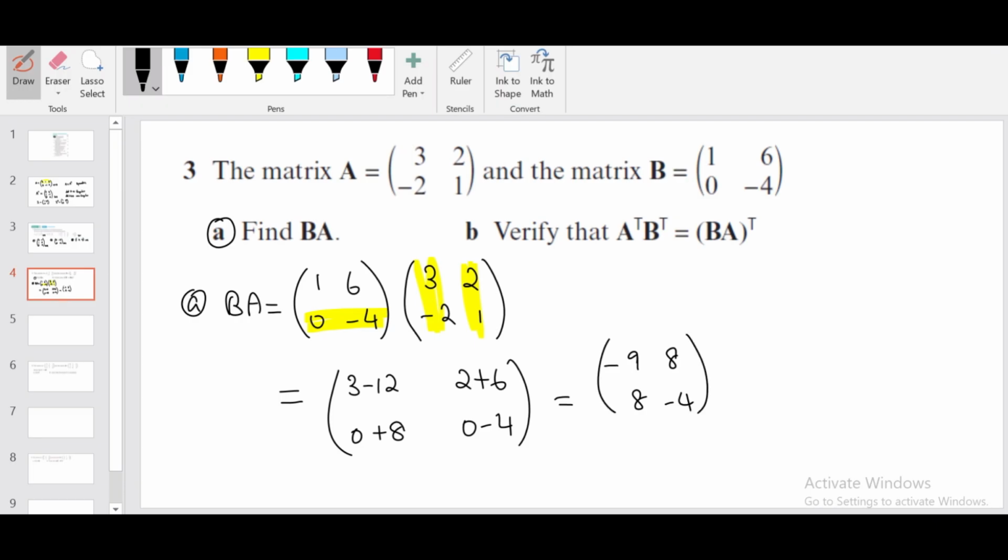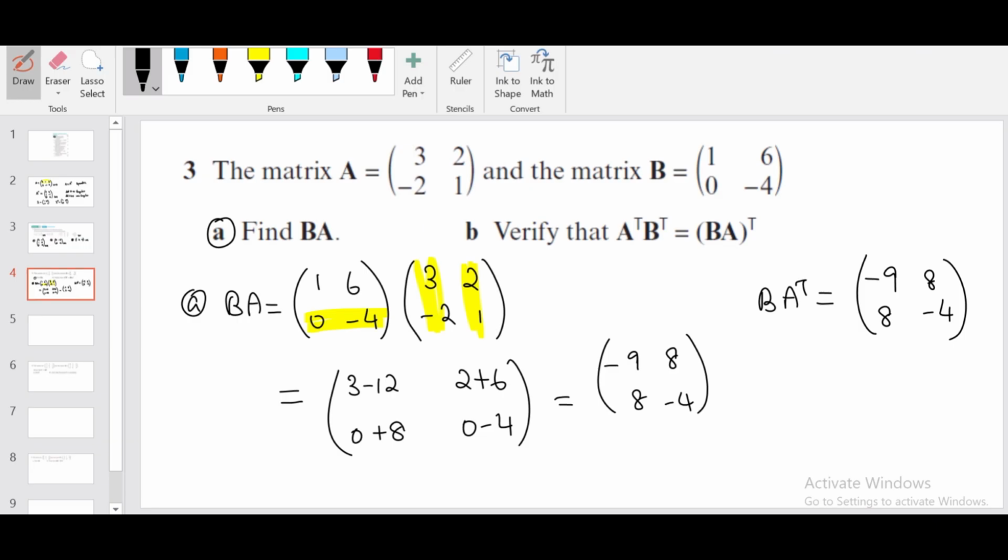That's a matrix BA. Now they want you to verify that transpose of A times transpose of B is equal to transpose of BA. We have BA here, we can find transpose of BA, which is minus 9, 8, second row 8 minus 4. It's the same as BA, right?